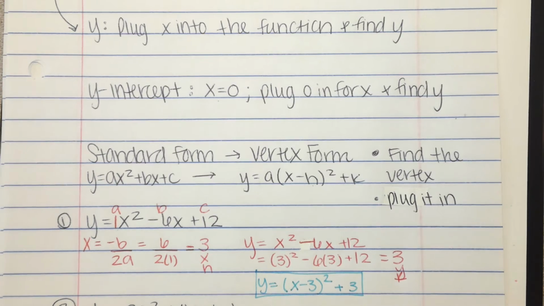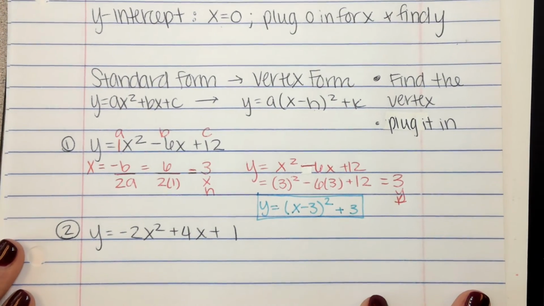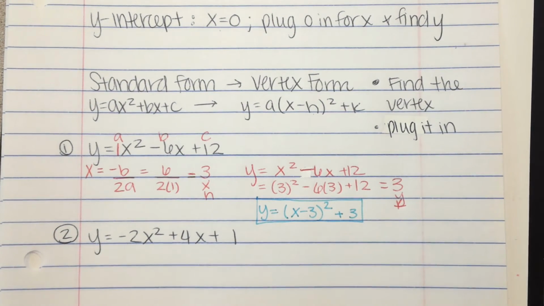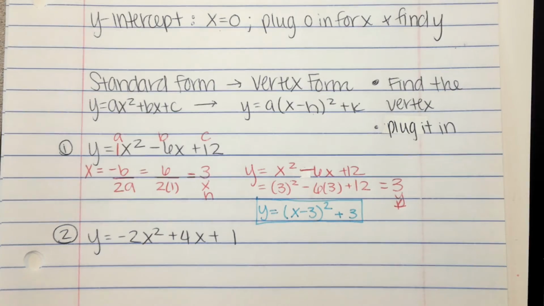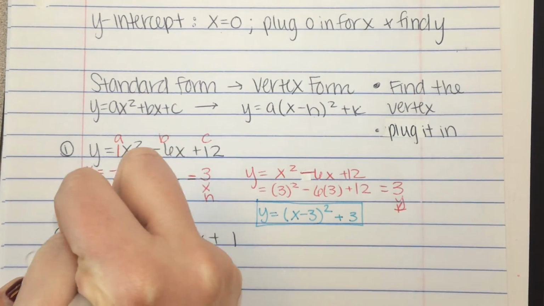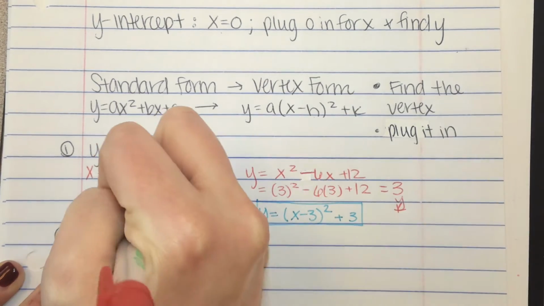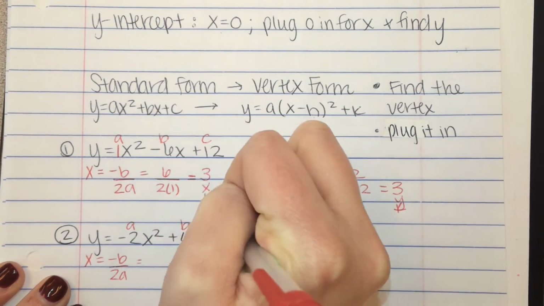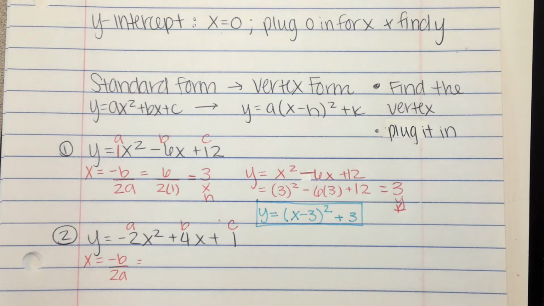Okay, now, I recommend that you pause the video, try number 2 on your own, see what you can come up with, and then check your answer with me. Okay, we're going to do the same thing. So X equals negative B over 2A. I'm going to label A, B, and C. Okay, actually, forgive me.